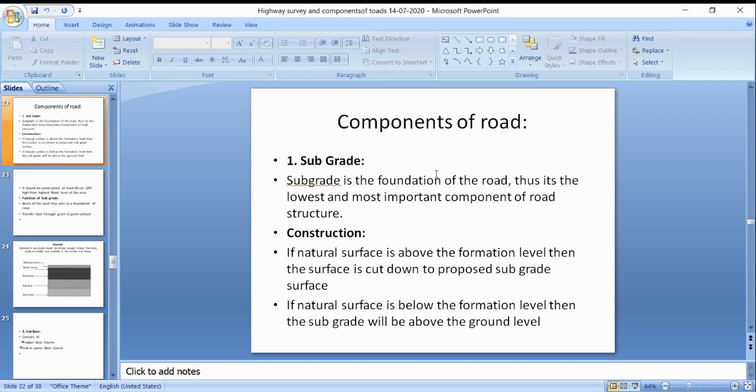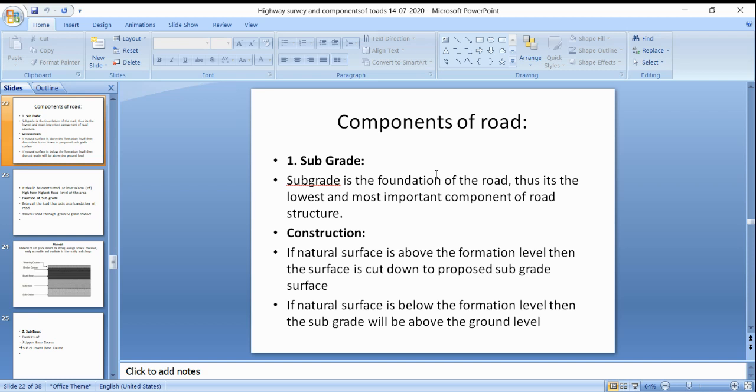Already we have seen that from the ground level it has to be cut down, so that the formation level gets strong, till the proposed surface. 1.5 meters or 3 meters we have seen before. That much depth we have to go for the cutting of the road.